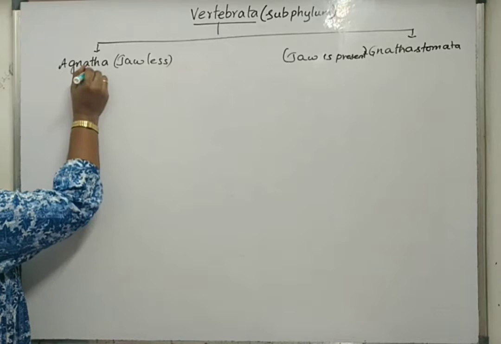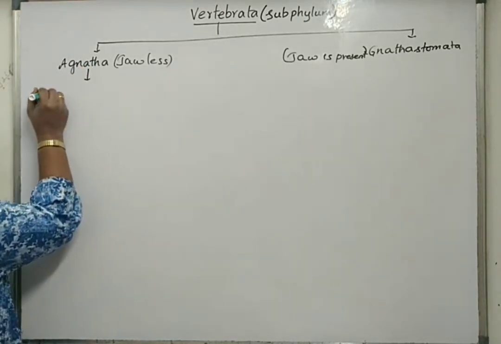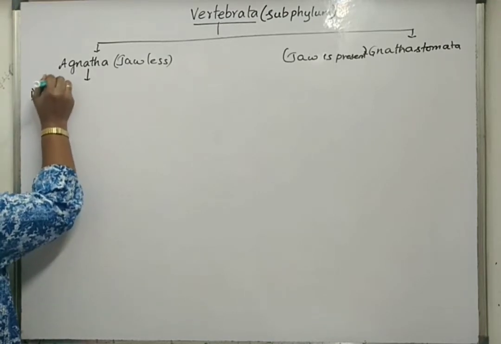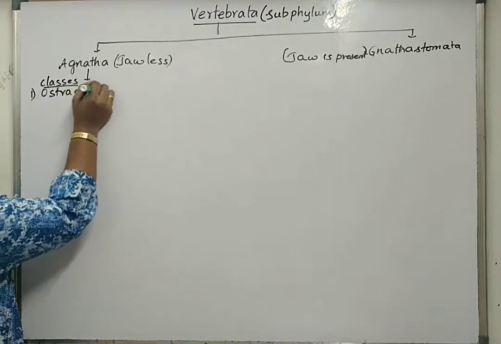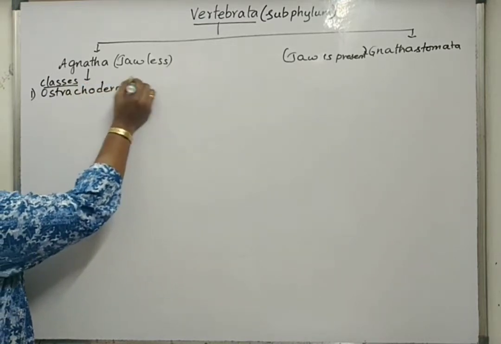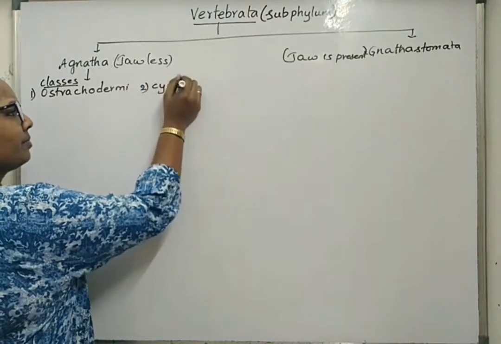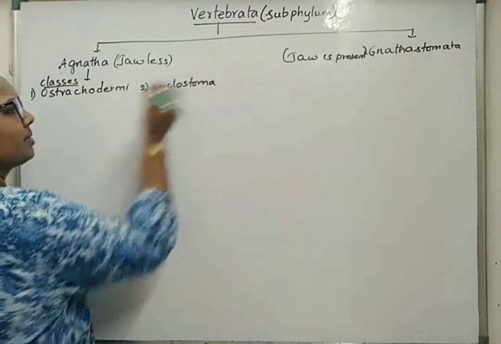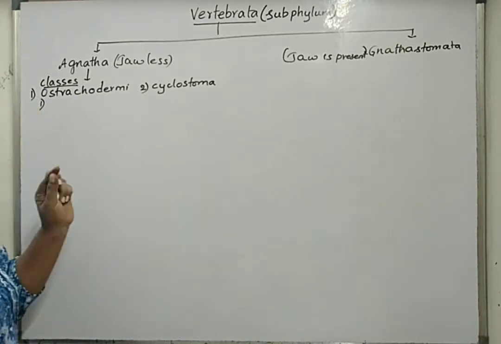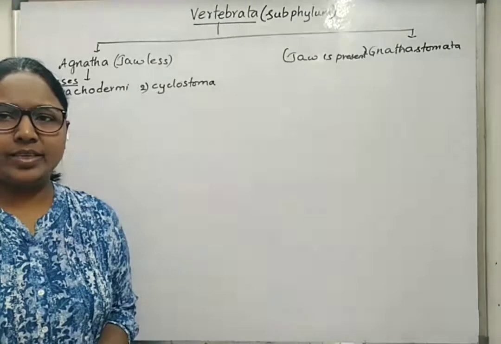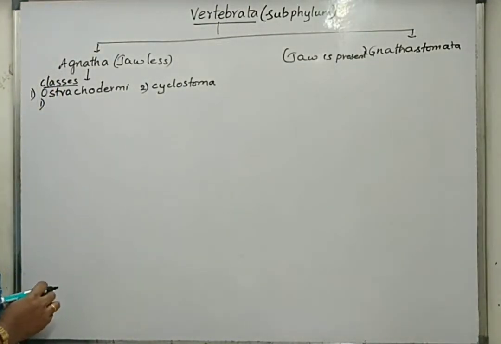Under the group Agnatha, we again see classes like Ostracodermi, and the second class, Cyclostomata. The details about Ostracodermi are not given in our NCERT textbook, but I will tell one or two points regarding this.